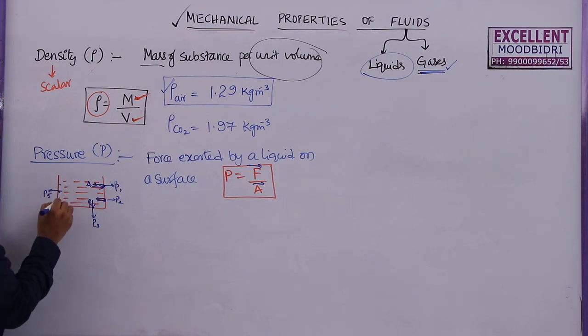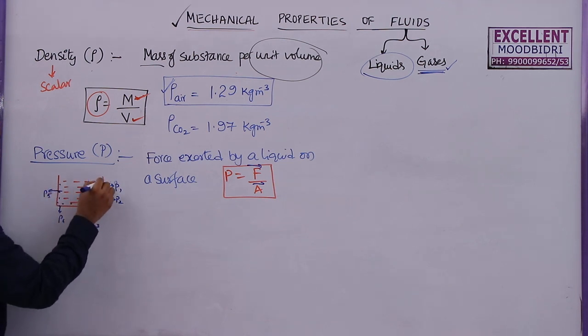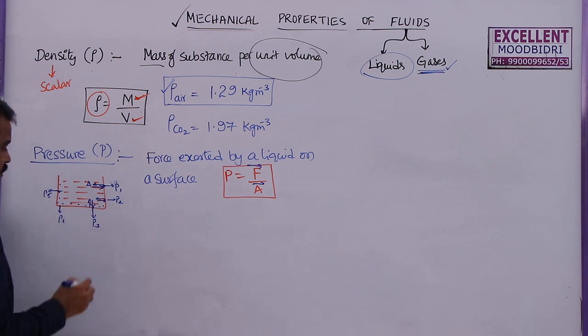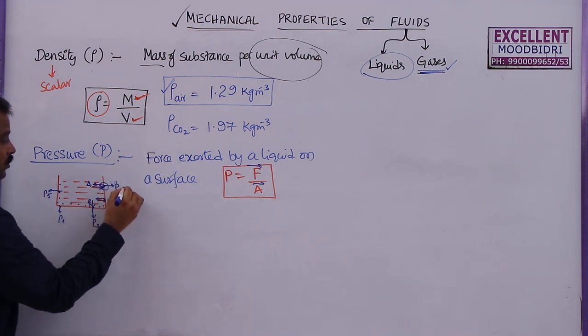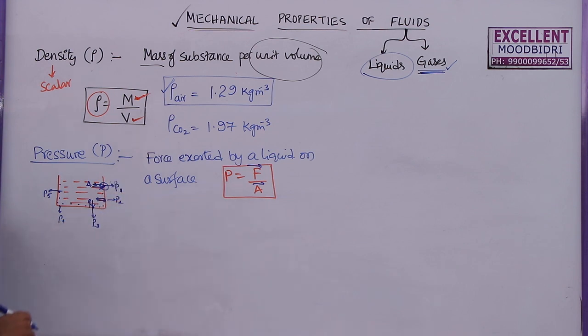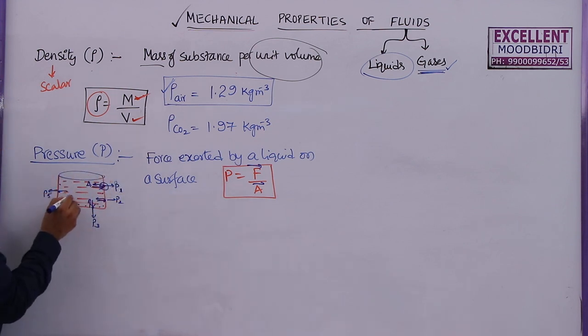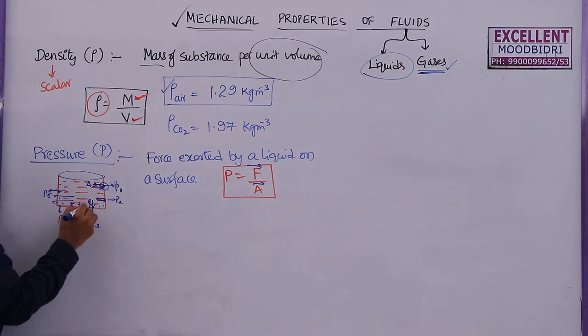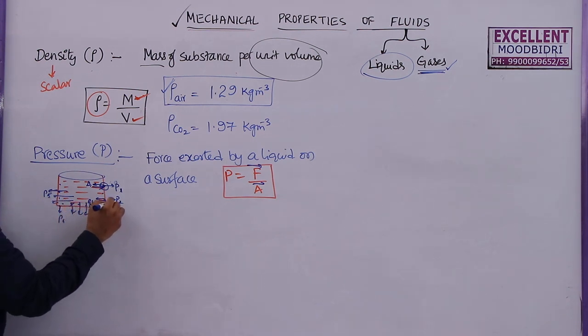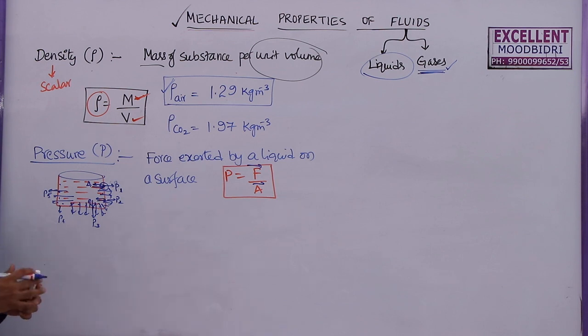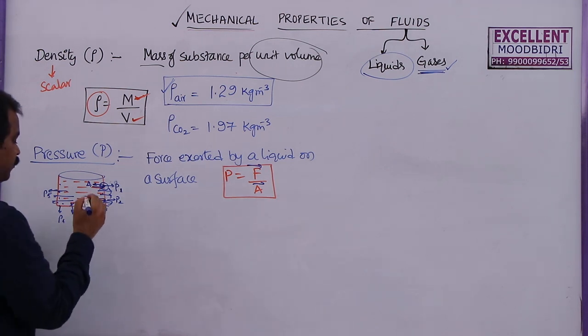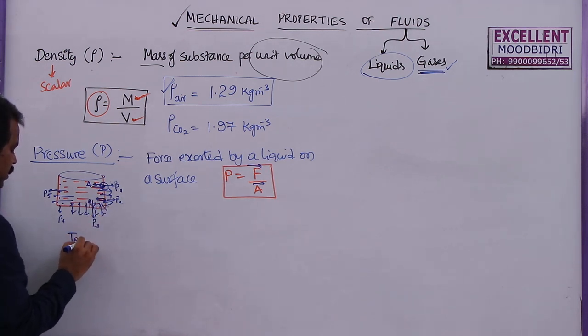That means at different points, pressure is acting in different directions. That means at a particular point, we can consider pressure as a vector, but in this entire container, pressure is acting at different points in different directions. That means if a physical quantity acts in different directions at different points, then this can be called a tensor.